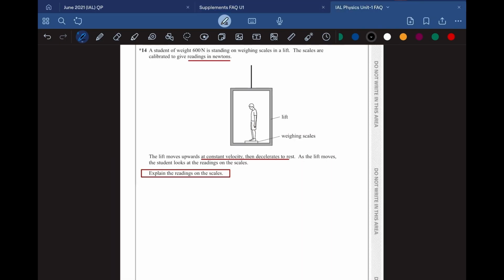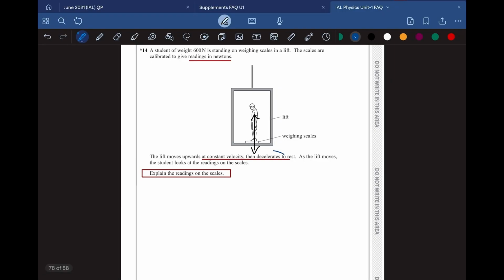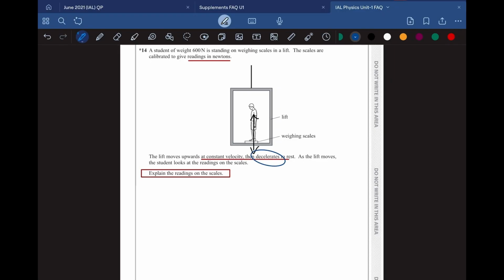Now let's go back to the question. The question says the lift moves upward at a constant velocity, then decelerates. When it is decelerating, the weight is acting downward and the normal force is acting upward. So when does something decelerate while moving up? It only decelerates if the direction of motion is upward but the resultant force is downward.